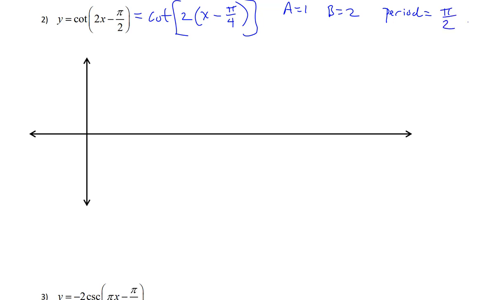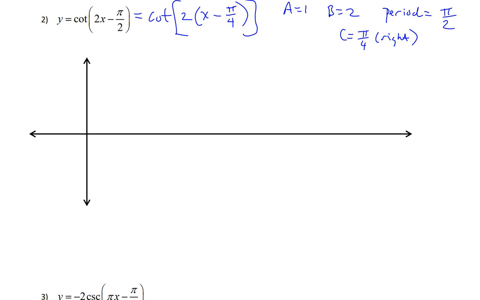So it's pi/2. That's pi/b, where b is 2. Good to know. That period will help us mark our axis, and that's really where we're going next. Notice in this case we also have a c value. C is pi/4, and since it's minus pi/4, that means we're going to shift to the right when we get to that point on our axis.